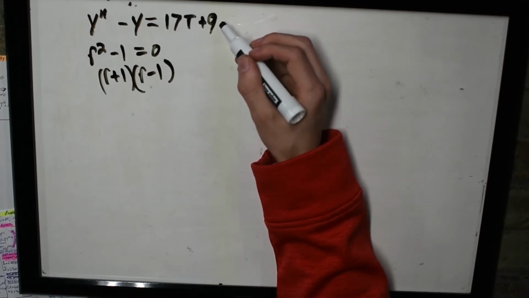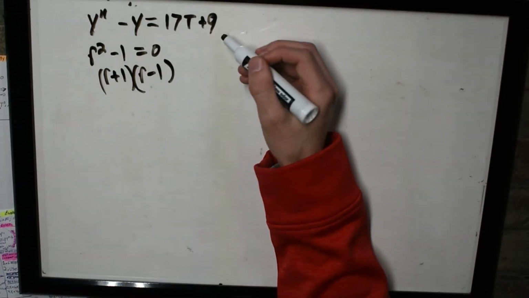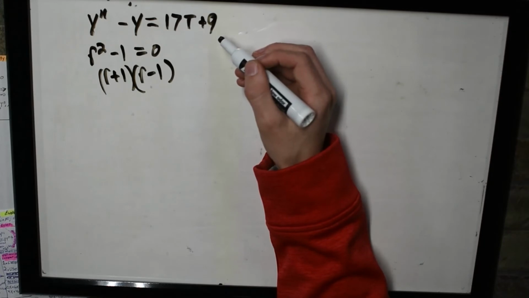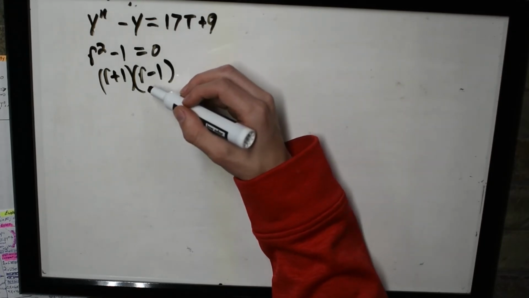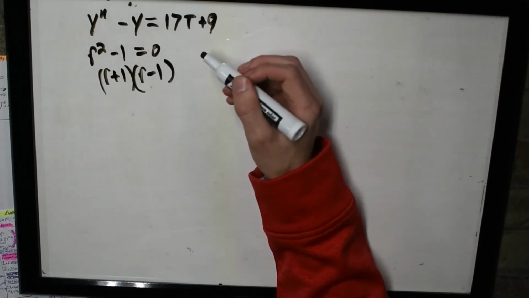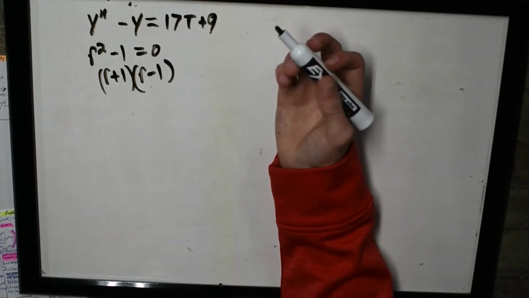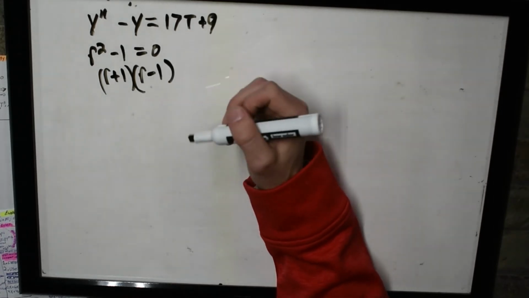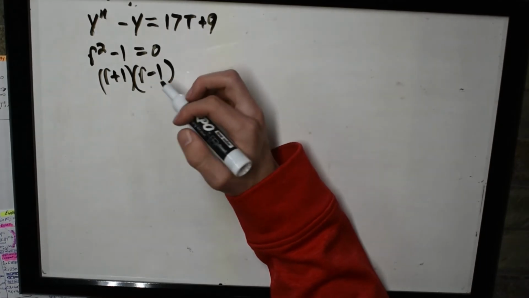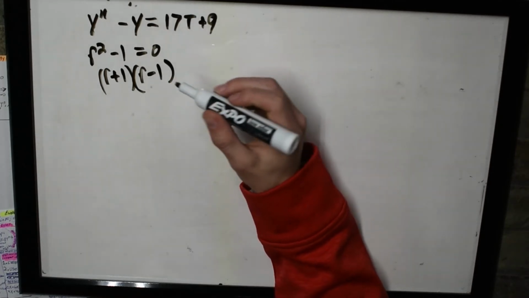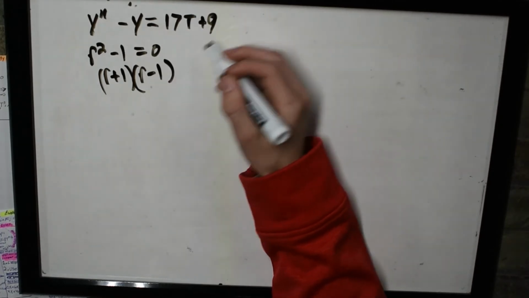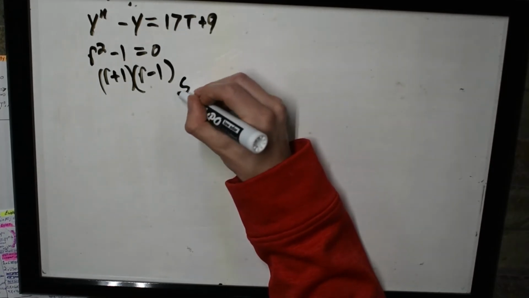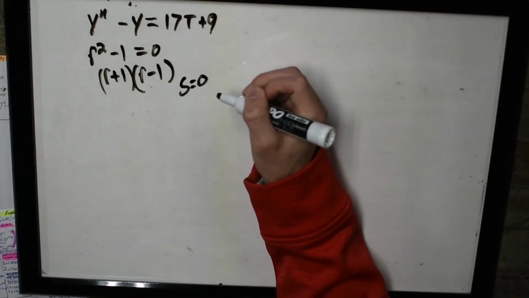And remember, the value of s in that formula is determined by the r values, or the alpha values and the beta values. But for now, since there is no e to the rt, we can say s is equal to 0.